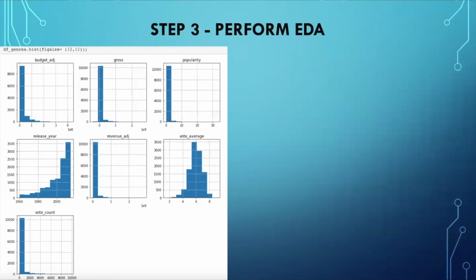Also, you can use the histograms to identify which features are close to the normal distribution. This involves some statistical and mathematical knowledge. So that's why, being a data analyst, you have to know some mathematical knowledge to do the project and your analysis.